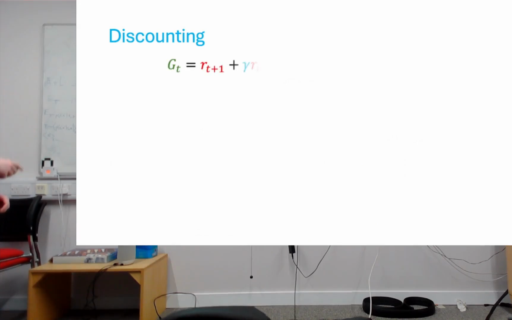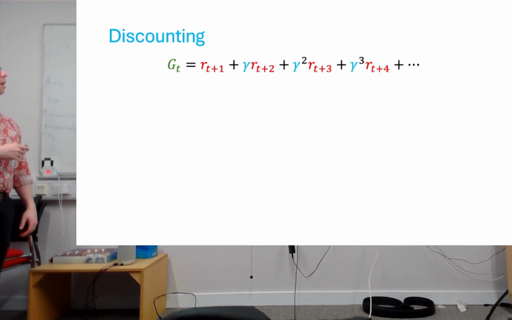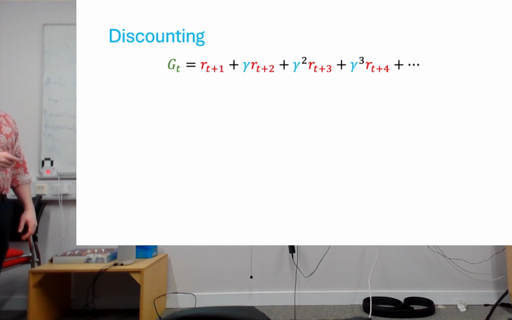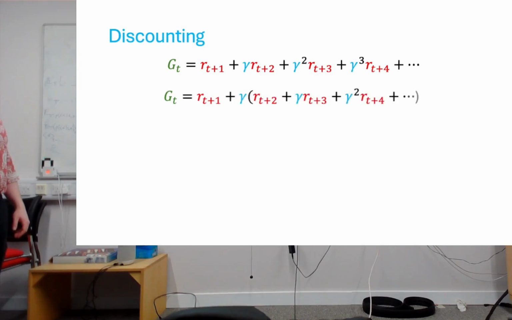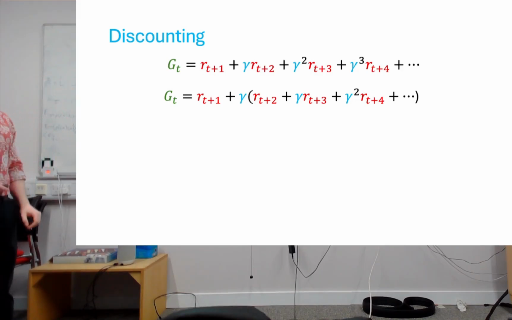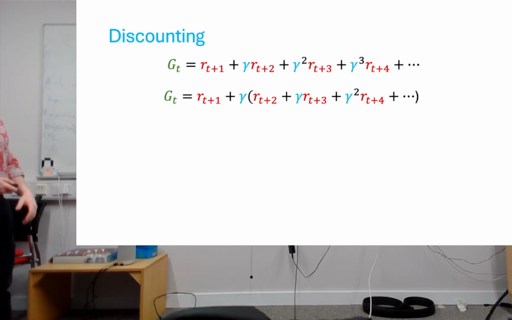Okay. So we're going to perform some manipulations on this. My return is my future discounted cumulative sum of rewards. All I'm going to do is pull the discount factor out. All the future terms past the first one have the initial discount factor times some additional number of discount factors.